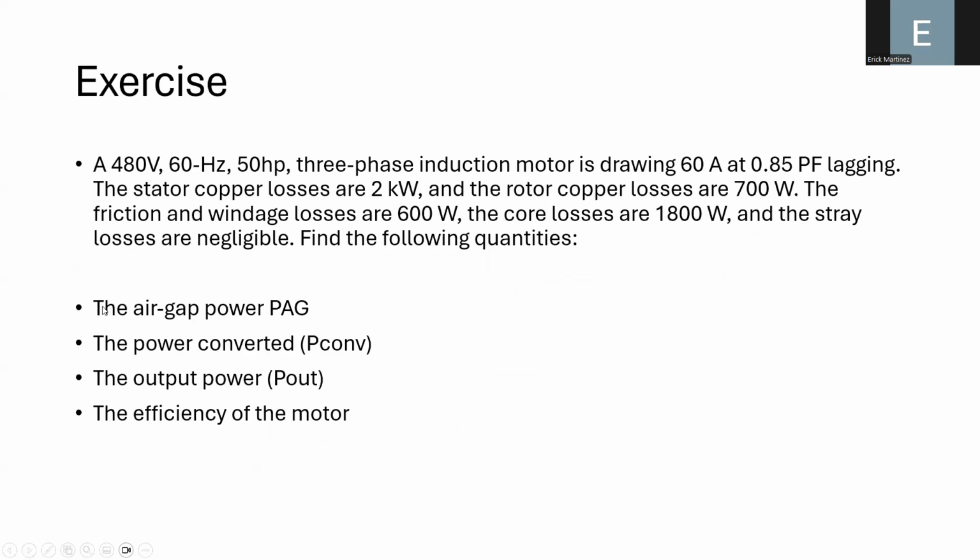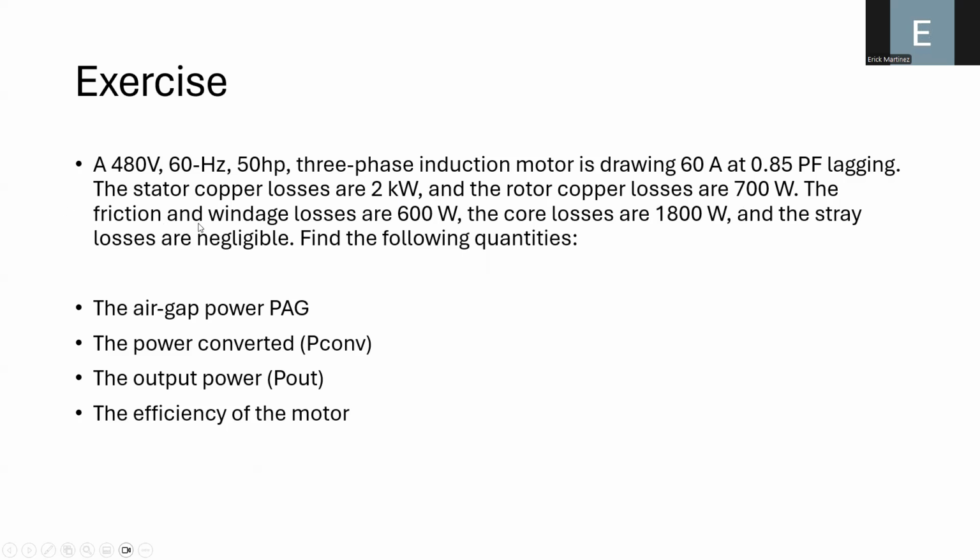So to this end, we can solve the following exercise in which we have the following data. We know that a 480 volts, 60 hertz, 50 horsepower, three-phase induction motor is demanding 60 amperes of current at a 0.85 power factor lagging. We know that the stator copper losses are 2 kilowatts and the rotor copper losses are 700 watts.